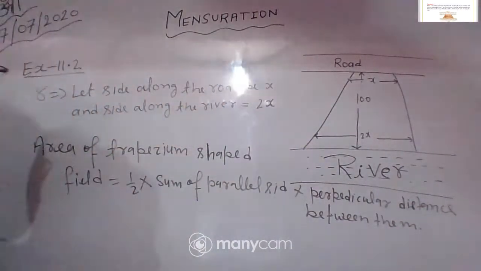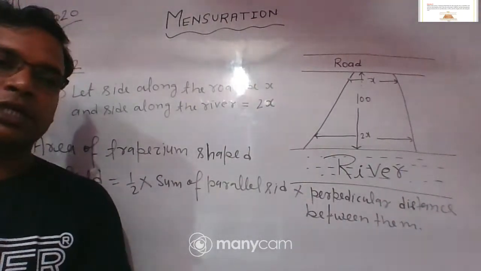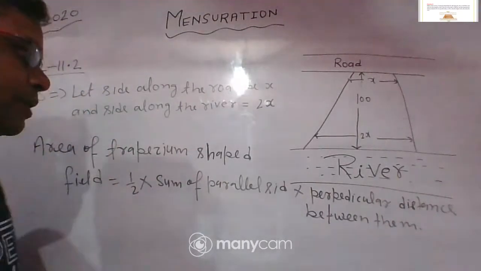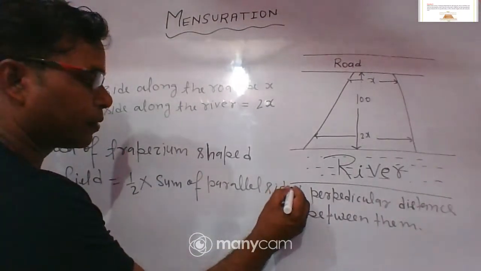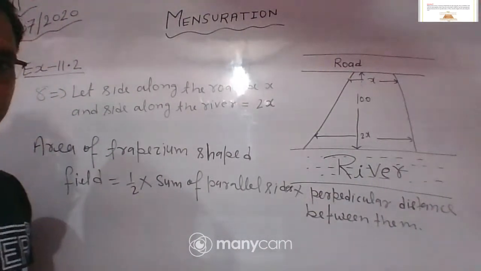This is clear. The area of a trapezium is 1 by 2 sum of parallel sides into the perpendicular distance between them.